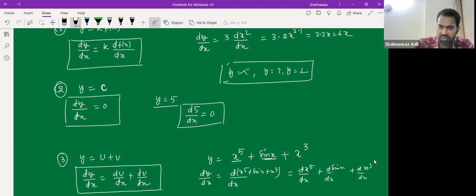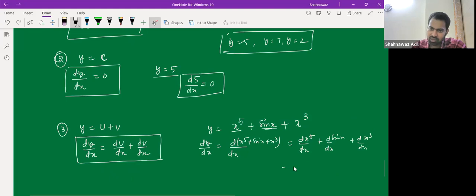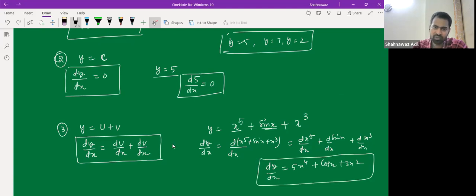So this would be simply 5x^4, cos x, and 3x squared. So this would be dy by dx whenever we have a sum of different functions, right?